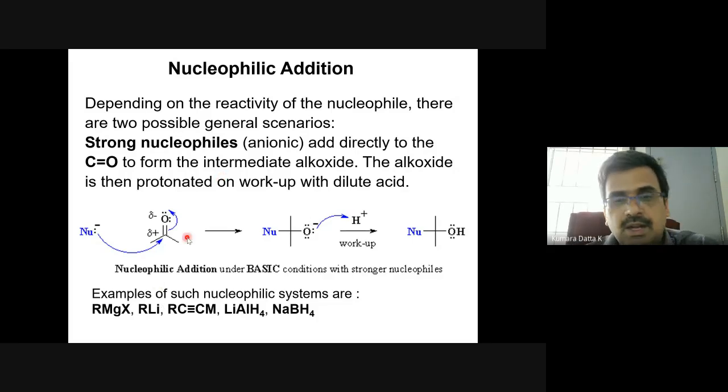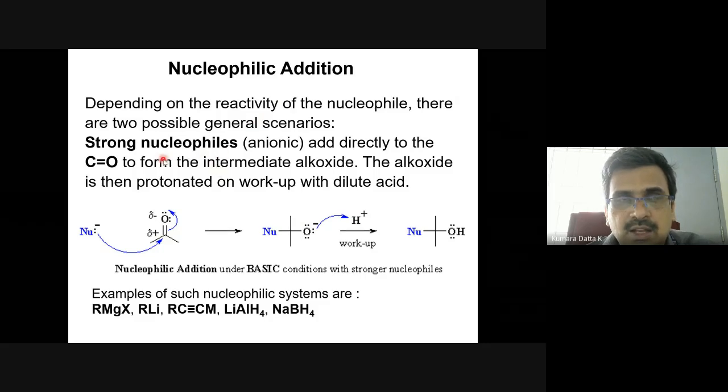So now you can take this down also, especially nucleophilic addition reactions. Depending on the reactivity of the nucleophile, there are two cases.